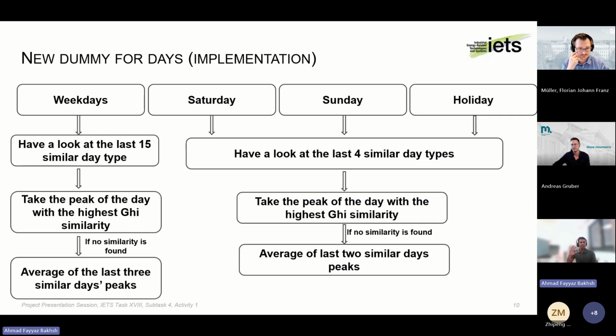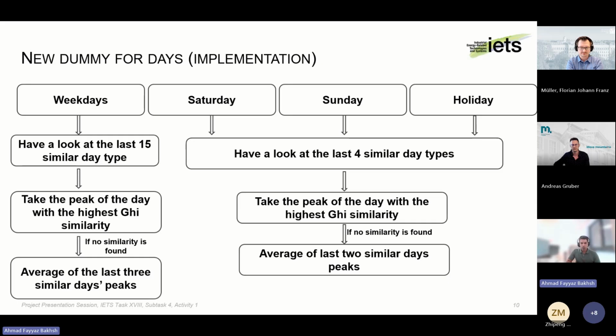So we separated the days simply into weekdays, Saturday, Sunday, and holidays. For weekdays, for the day of the forecasting, we look at the last 15 similar days, meaning the last 15 weekdays. We grab the day that has the highest global horizontal irradiation similarity to that day.